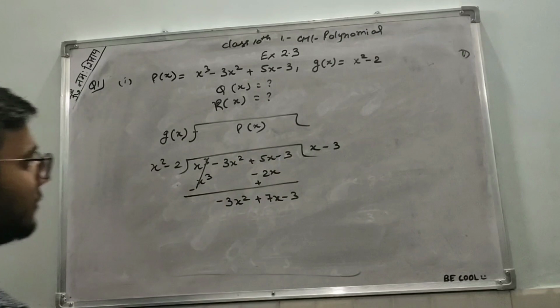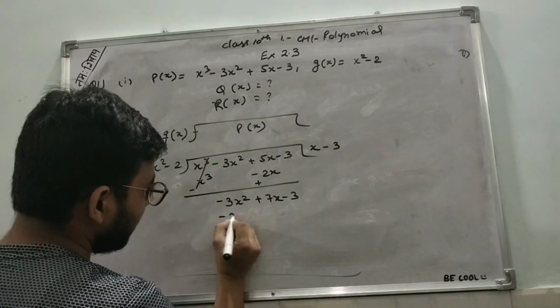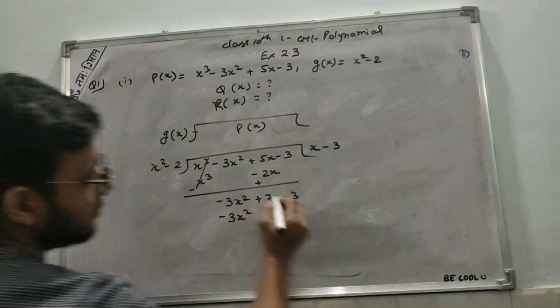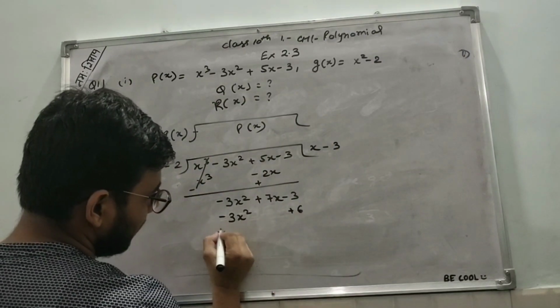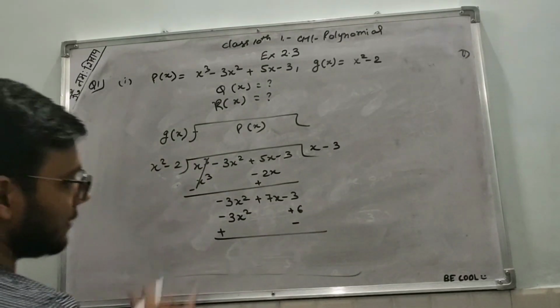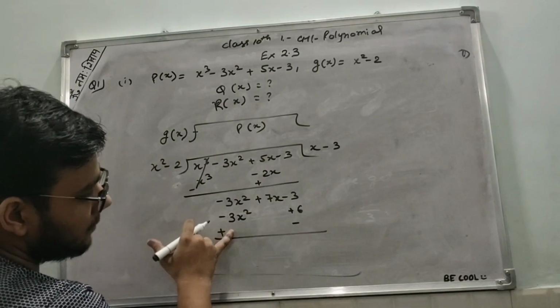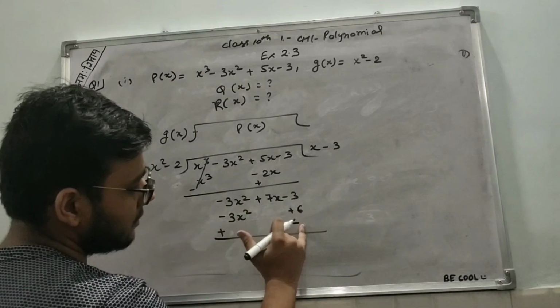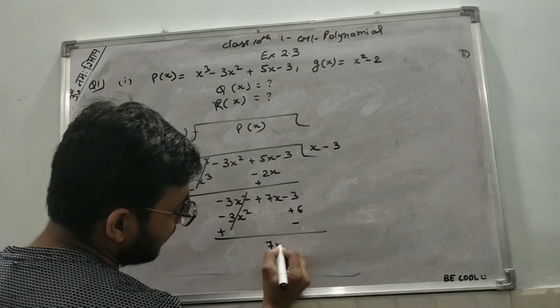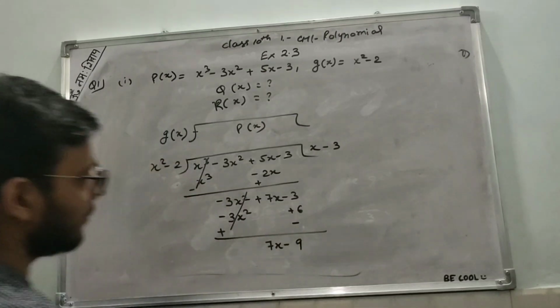We get minus 3x² and plus 6. Now this sign is also changed. As we apply negative here, negative becomes positive and positive becomes negative. So this cancels. This gives you 7x minus 9.